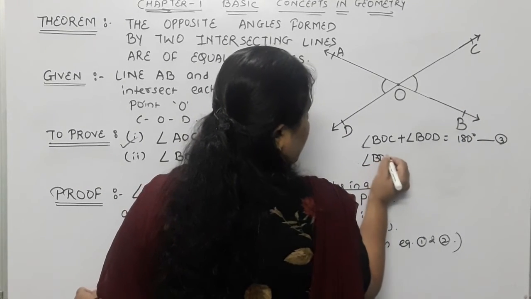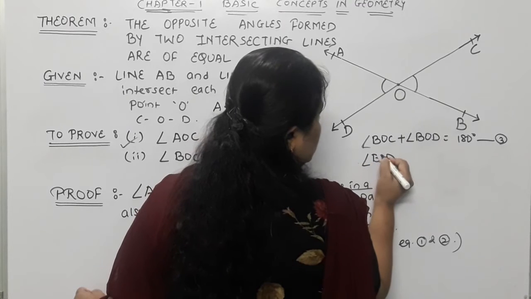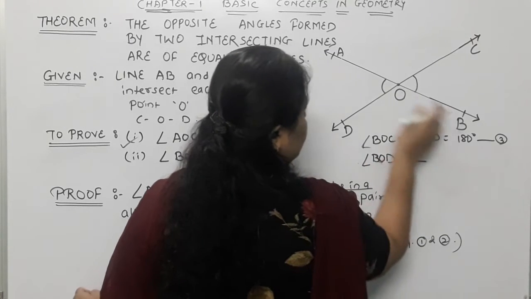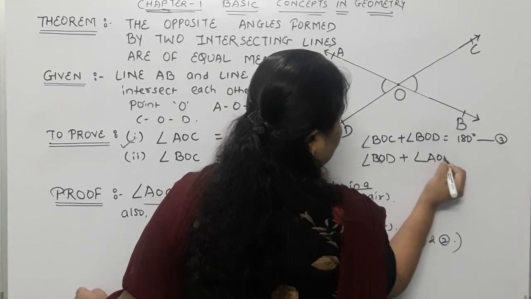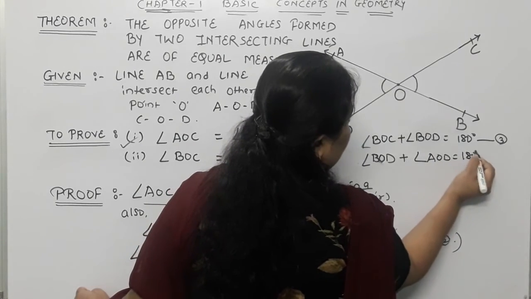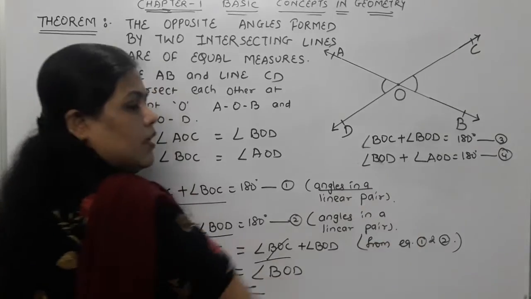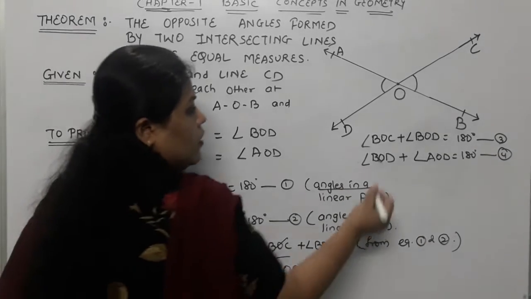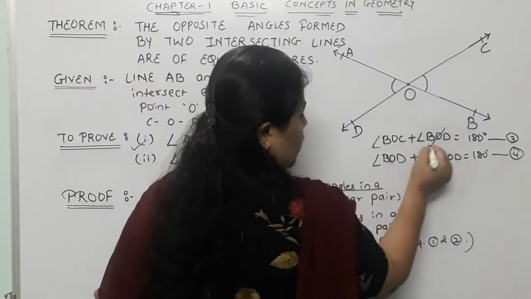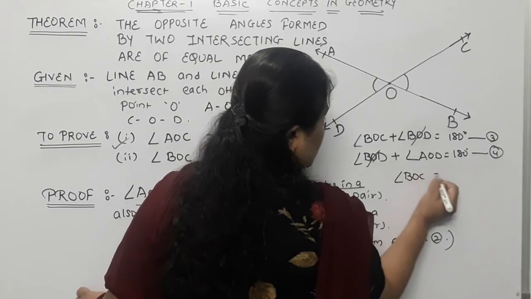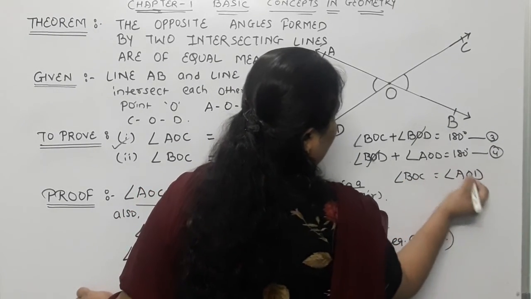Angle BOD plus angle AOD is equal to 180 degree. Equation 4. Same angles in a linear pair, right? So here, if I take BOD, BOD will be cancelled, and I'll get BOC is equal to angle AOD.